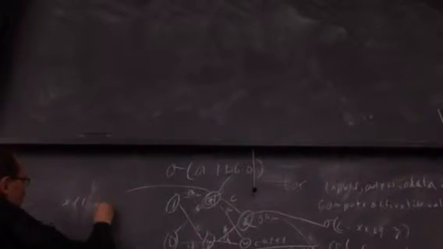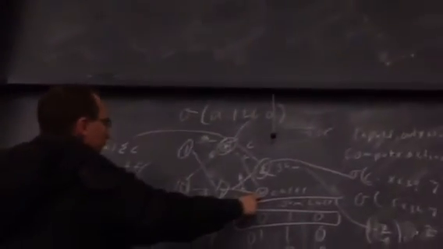So the error for this guy is going to be x times 1 minus x times the sum of c times the error for the sum, plus f times the error for the carry.